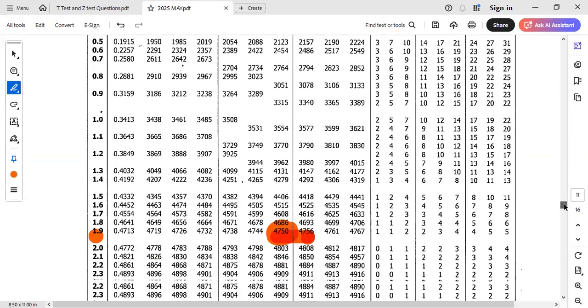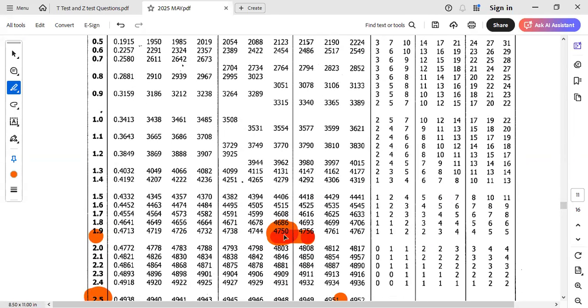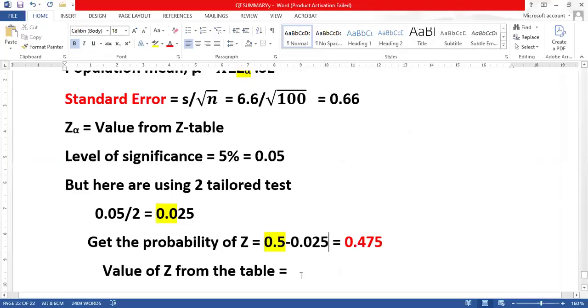So column 6 is the one that gives us 475. Okay, so that will be the value of Z. We are saying that it is 1.96. You first write the row which is 1.9, then write the column. So that is the value of Z.